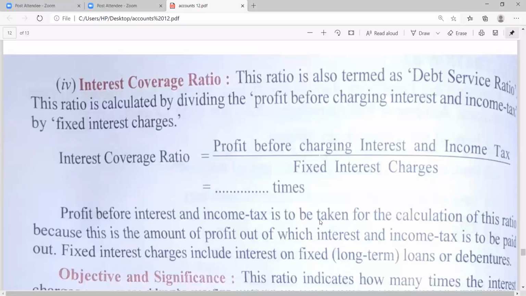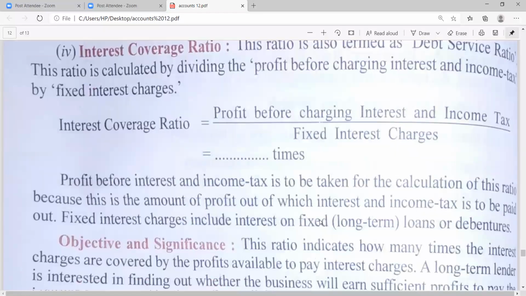The next and the last solvency ratio is the interest coverage ratio. This ratio is also termed as debt service ratio. Don't forget to learn both of the names, that is ICR, interest coverage ratio, and debt service ratio.